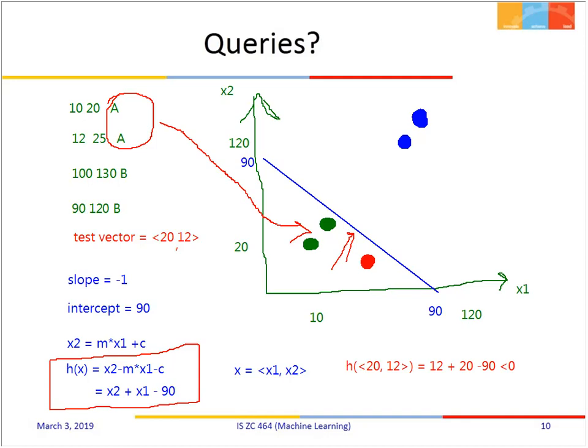Now I am asking you to classify another test feature vector. Test vector, let us say, is 100 and 40.